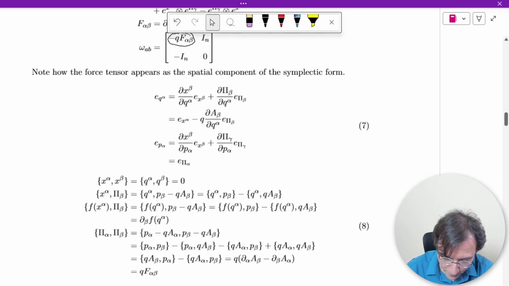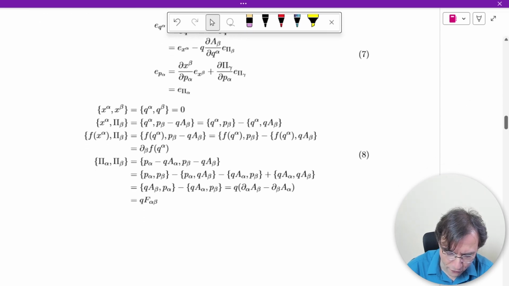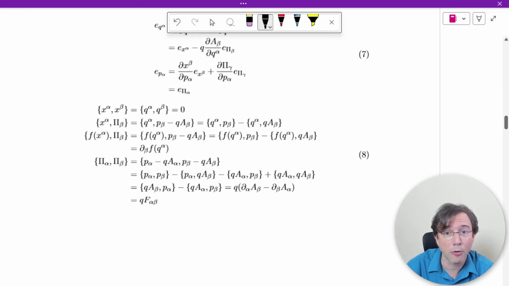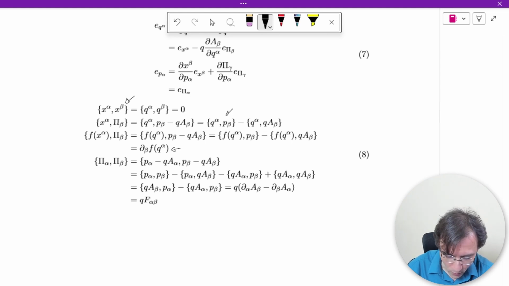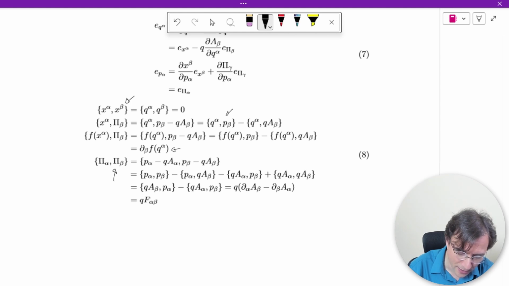And you can go further and write the Poisson bracket, which is the classical version of the commutator, and you can see that the Poisson bracket between positions remains the same. What changes is the Poisson bracket between kinetic momentum and kinetic momentum, and you find the EM force field.